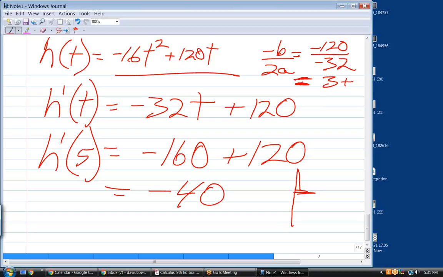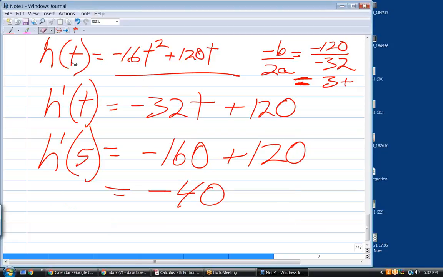Which means after it reaches its vertex, it's coming down everywhere after that. In reality, it's going straight up and coming right back down, so it's hard to show it graphically, and that's why we usually talk about projectile motion with parametric equations rather than a single equation like this.